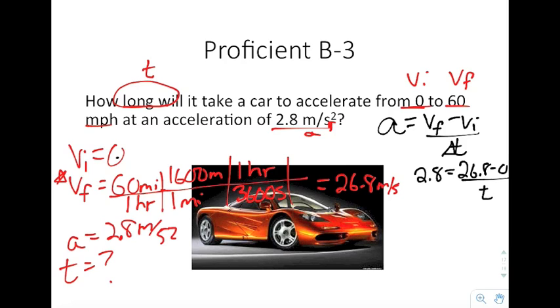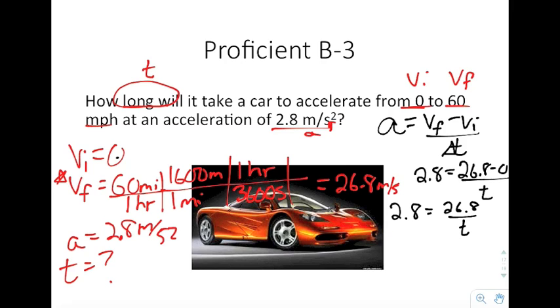t. So now at this point, you should realize that you can't really solve this yet. So you'd say, okay, 2.8 is equal to 26.8 over t, because 26.8 minus 0 is still 26.8. Now, one trap that people get into at this point is they will take this and divide it by 26.8 and say, oh, I got t by itself. Yes, but t would be on the denominator, so you can't do that.